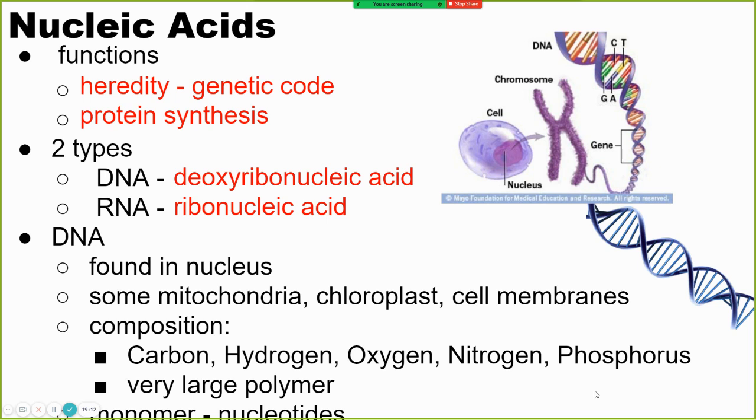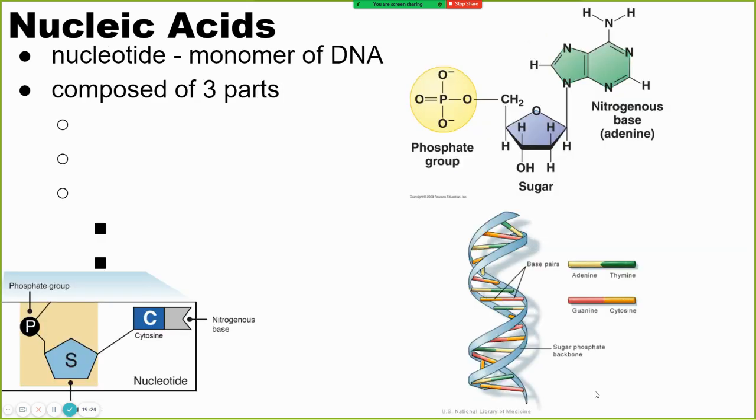A DNA molecule has millions of these bases, these letters, one after the other. So what DNA is made out of is a bunch of different, what we call nucleotides. This is one nucleotide. And it has three parts to it that you should know.